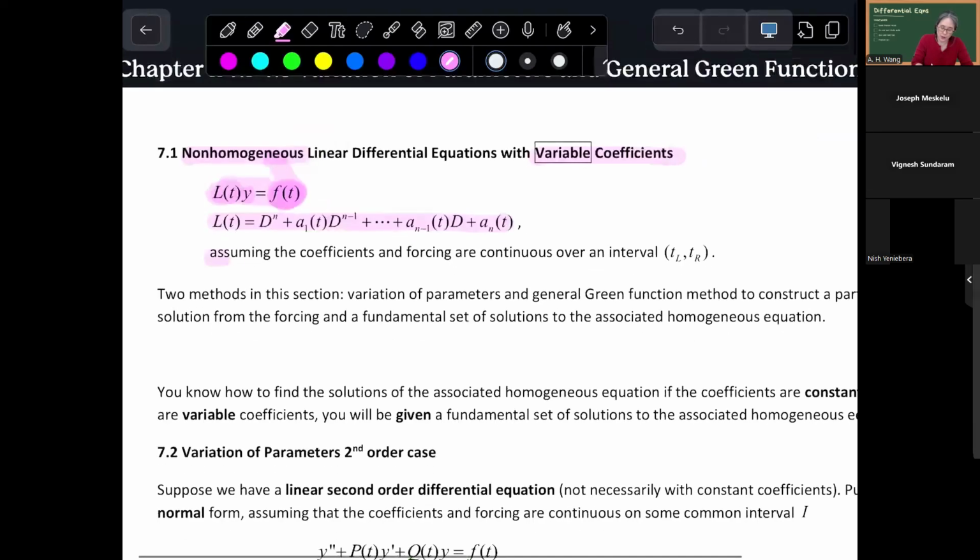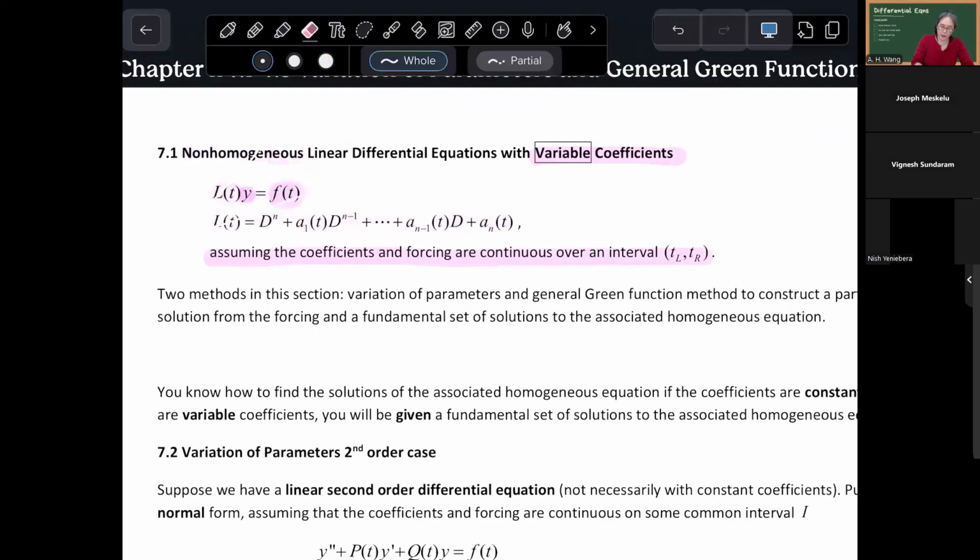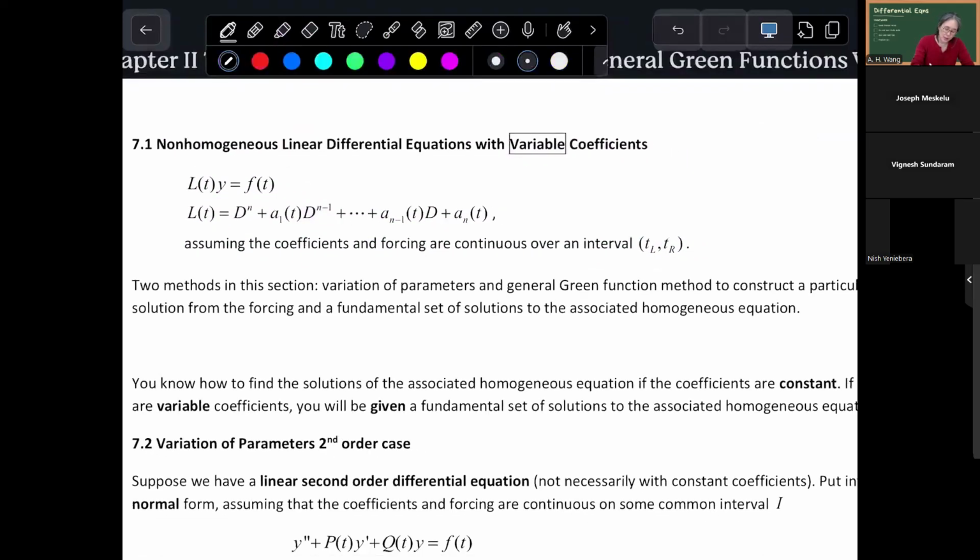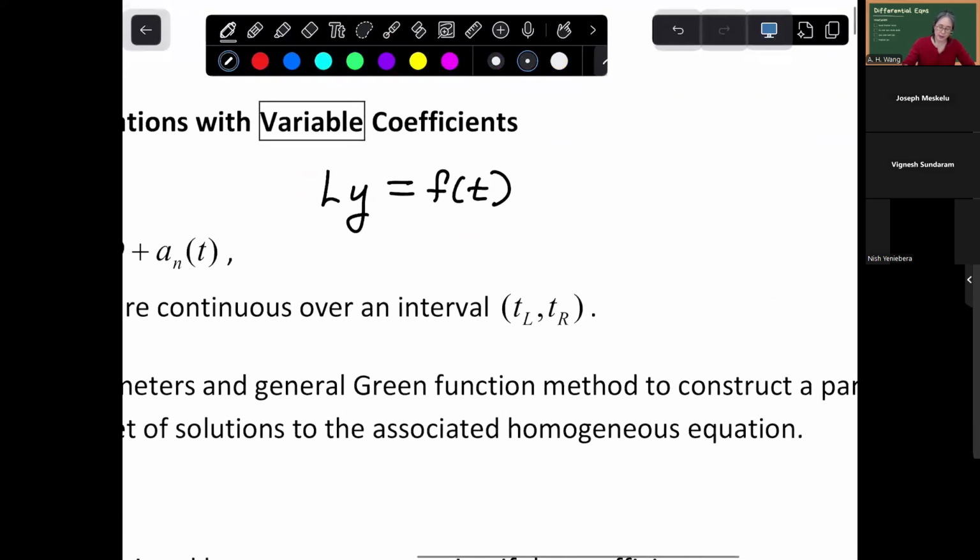We're going to assume the coefficient of forcing are continuous over an interval. Okay, so last time what we did was Ly equal f of t. And in the last section, the two important things were the key identity and evaluations.